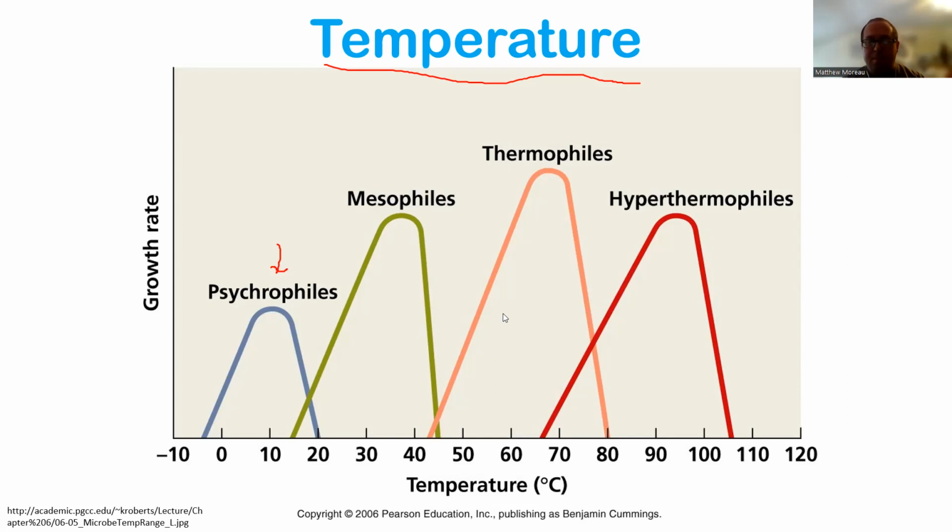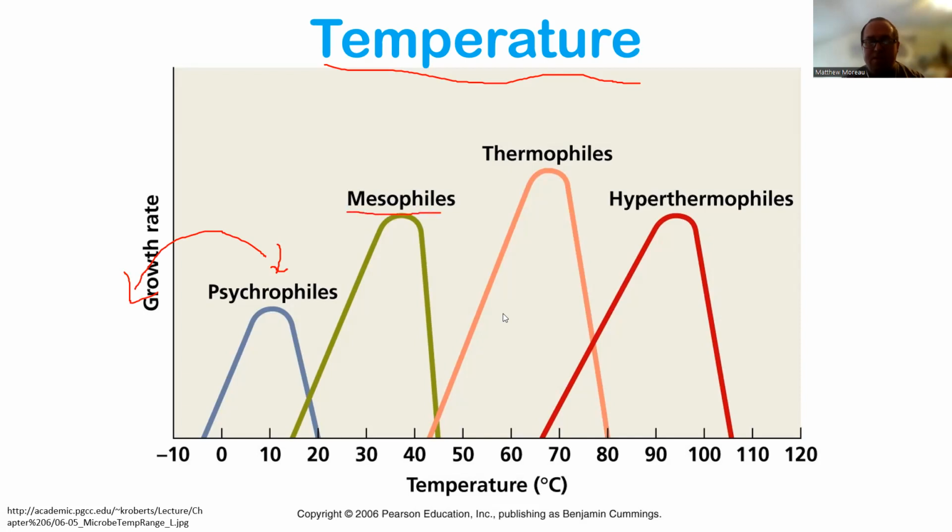So this is room temp to freezing water. There are also extreme psychrophiles, and they grow way out here in subarctic temperatures. So you can find these in frozen lakes and the Arctic and Antarctic shelves.